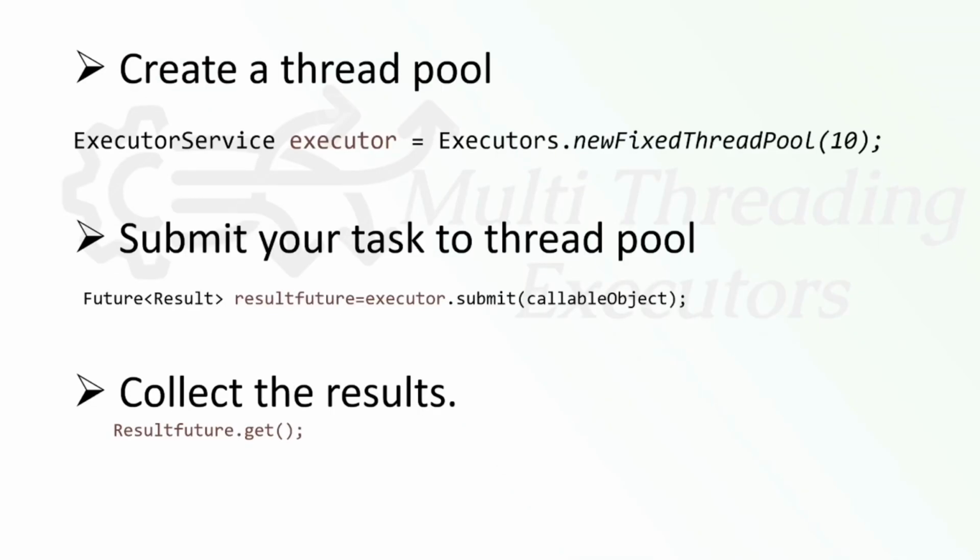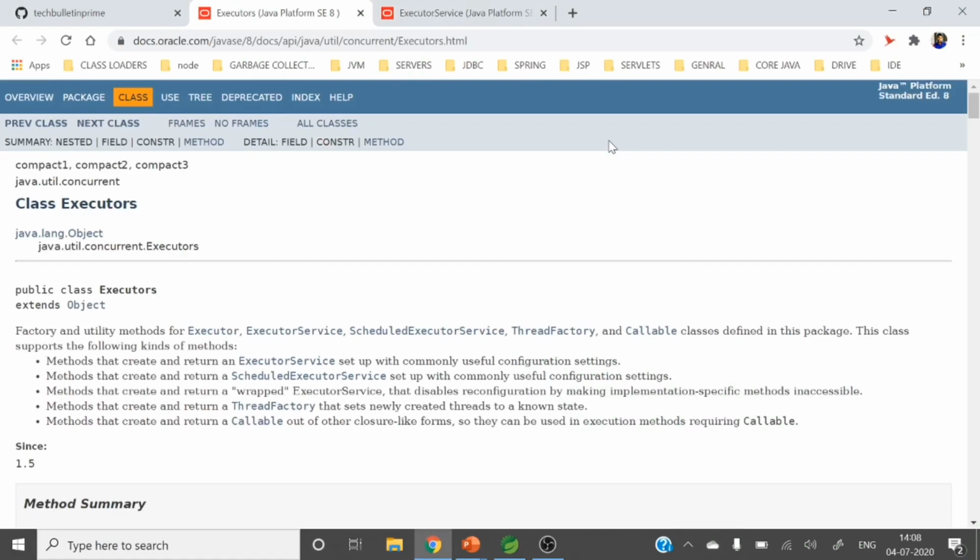So how can you create a thread pool? The Executors class contains different factory methods, right? Here newFixedThreadPool is one factory method. Different factory methods are there to create a thread pool, right? Let me move to the documentation site.